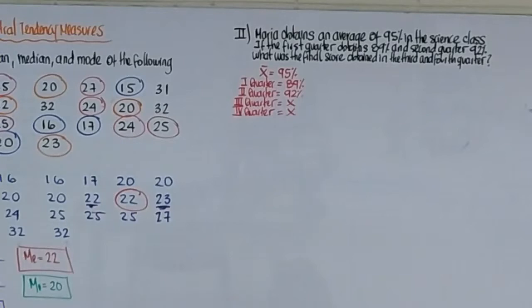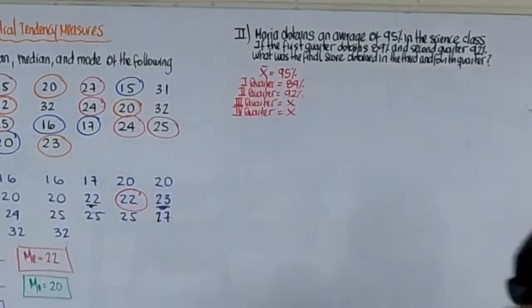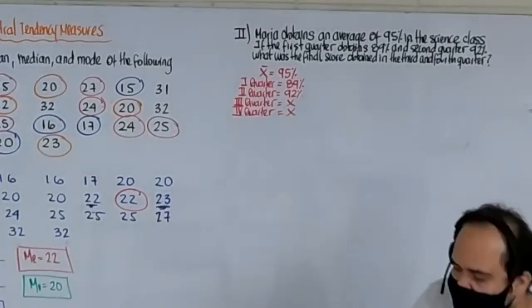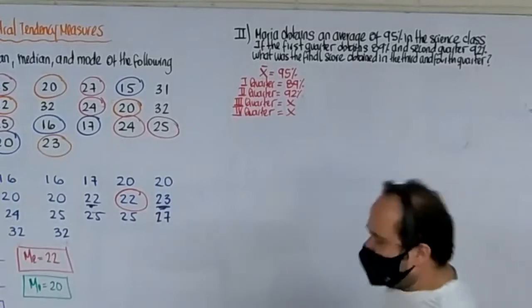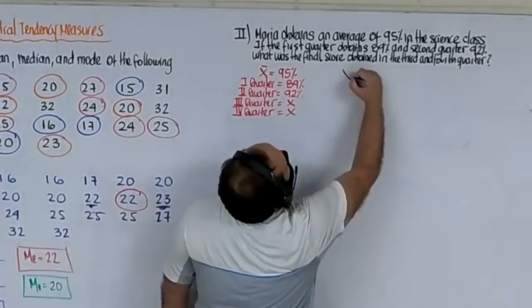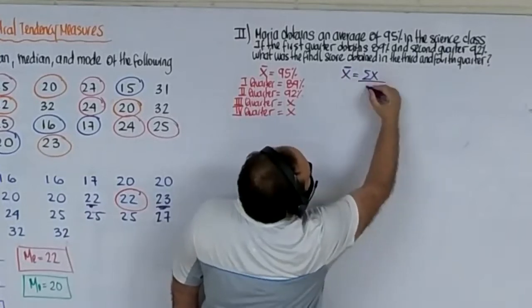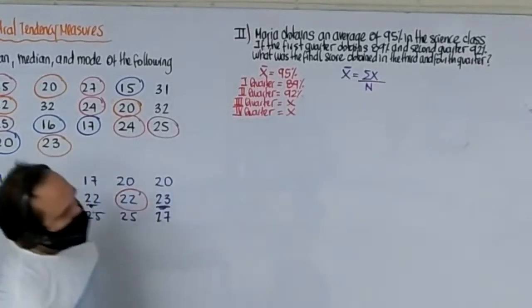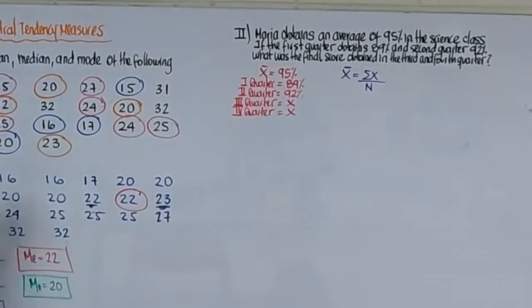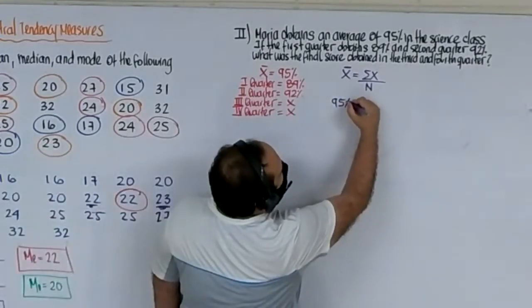So what are we going to do? Simple. Obviously, this is non-grouped data. We want to create a sequence to determine the possible scores that Maria obtains in the third and fourth quarter, right? So remember the formula for the arithmetic mean: the addition of all values in X divided by the quantity of values. So the average for the arithmetic mean is 95%.